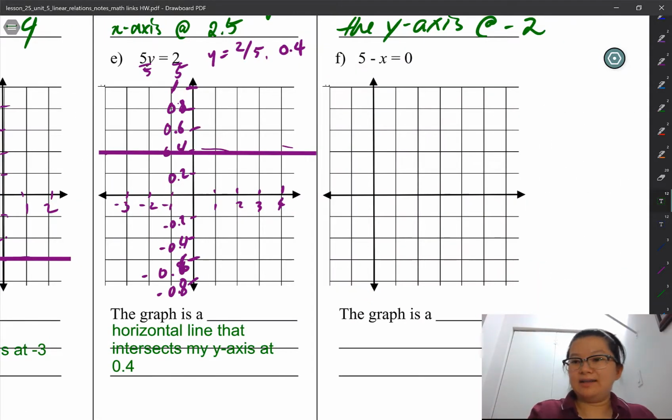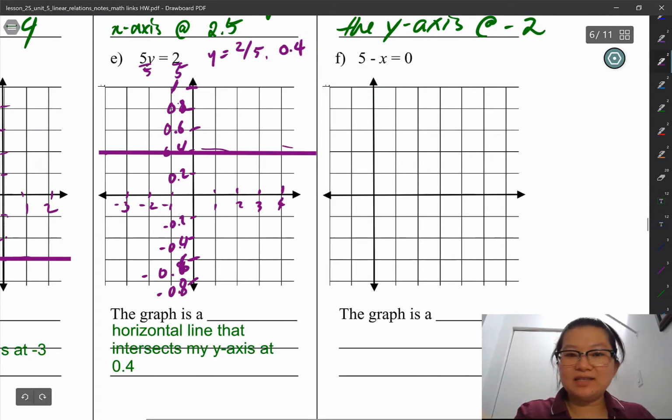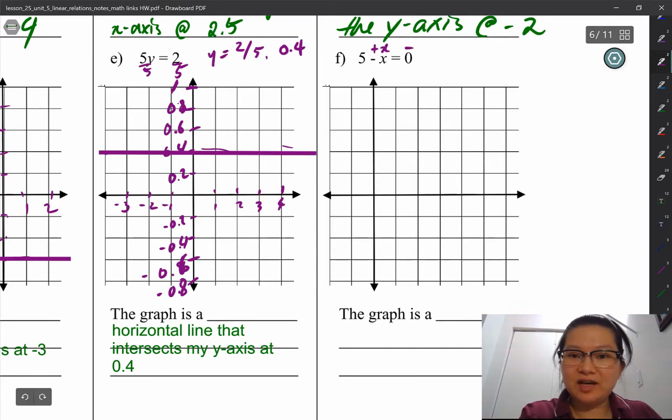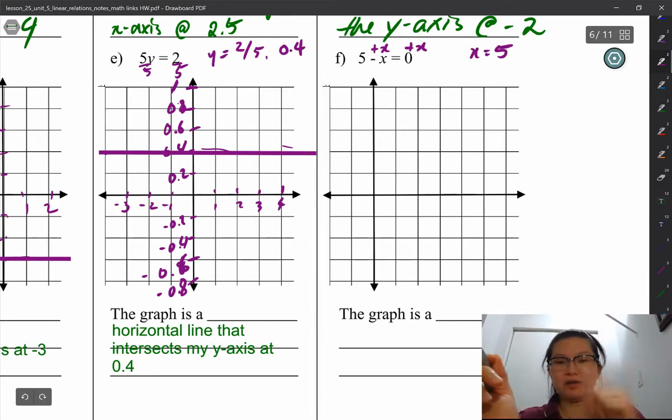And last but not least, here we have 5 minus x is equal to 0. We can't have that. We need x and 5 on opposite sides of the equation. So I'm actually going to move x over by adding x to both sides of my equation. I get x is equal to 5 if I flip it around like that.